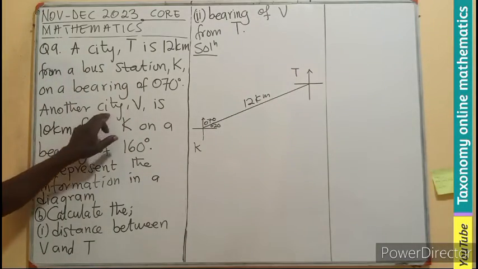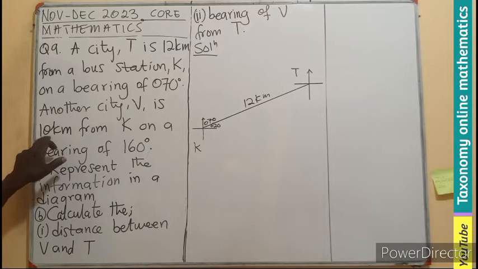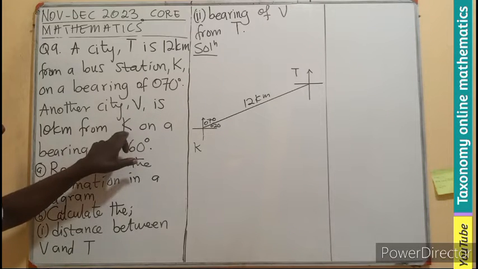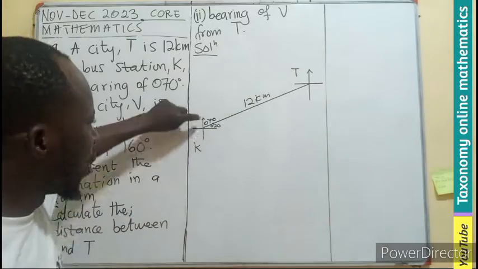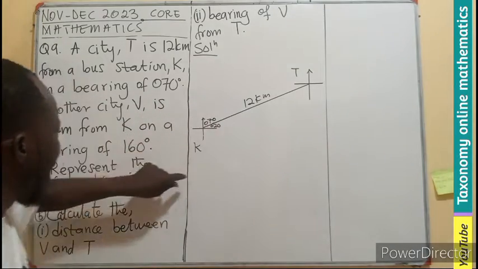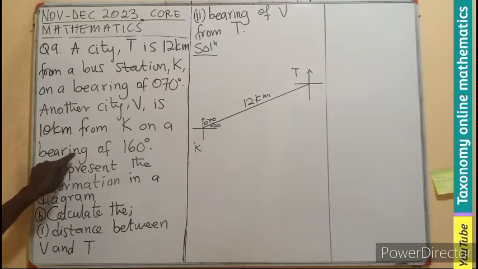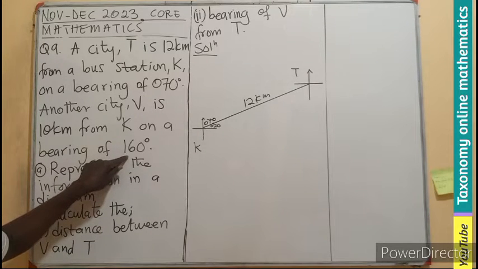Then another city, V, is also located 10 kilometers from K. K is also the starting point, meaning I'm going to the north of K and move an angle which is a bearing of what? 160.